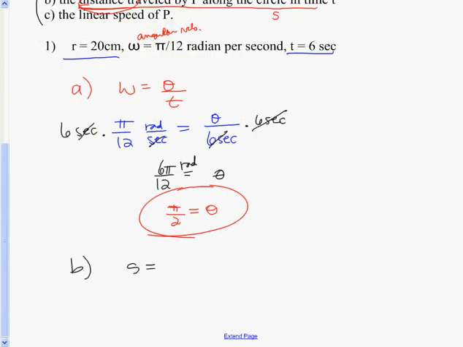I'm pulling back my knowledge from section 3.2. The radius is 20 centimeters. The angle theta in radians, and it always has to be, is pi over 2. So my arc length is going to be 10 pi centimeters, because I just divided the 2 into the 20.